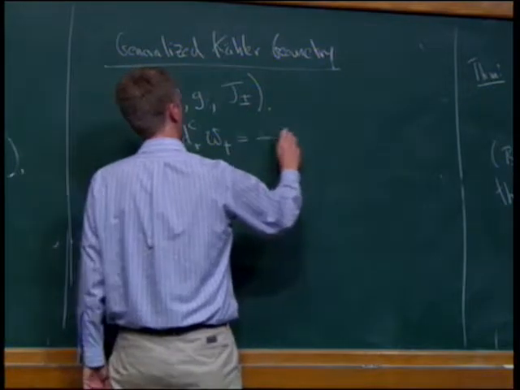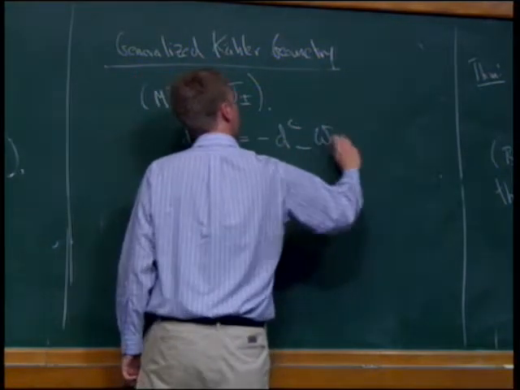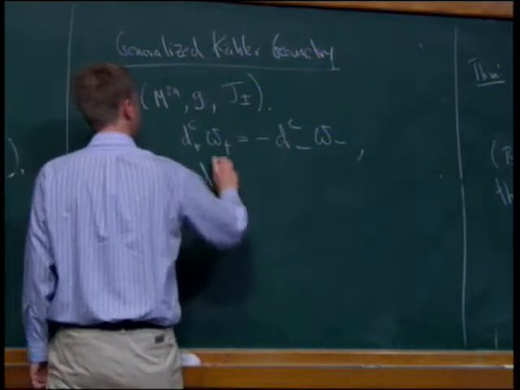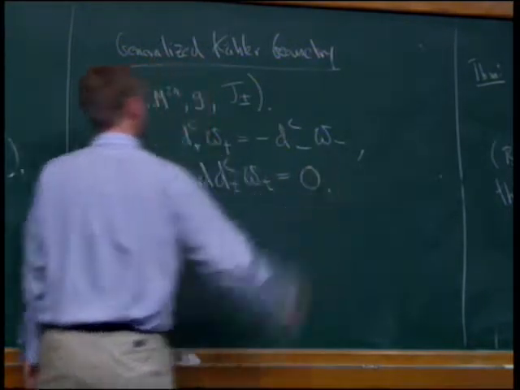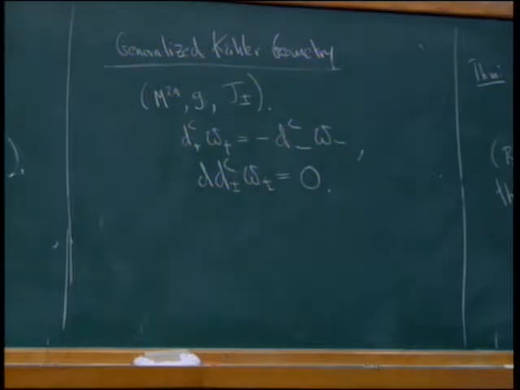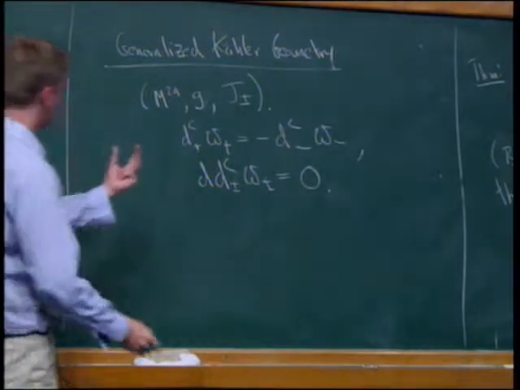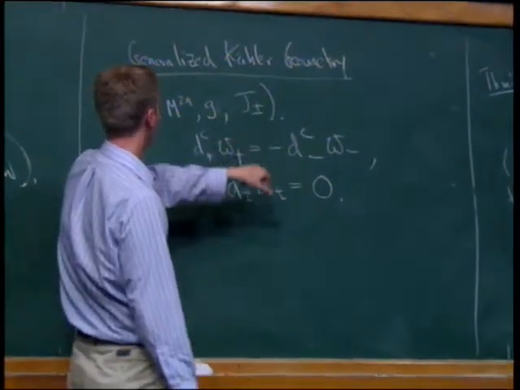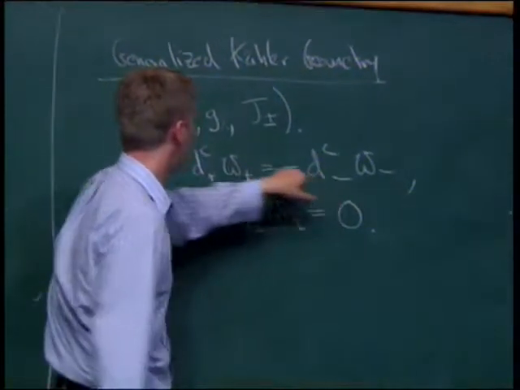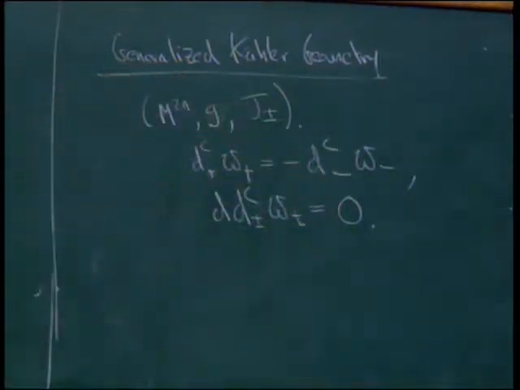I impose the following conditions: d^c_± ω_± equals 0. Basically, your metric is pluriclosed with respect to two possibly distinct complex structures, and moreover their torsions are negatives of each other.